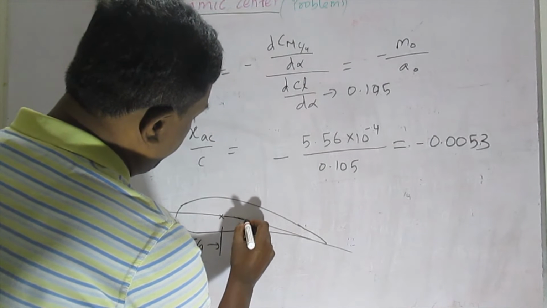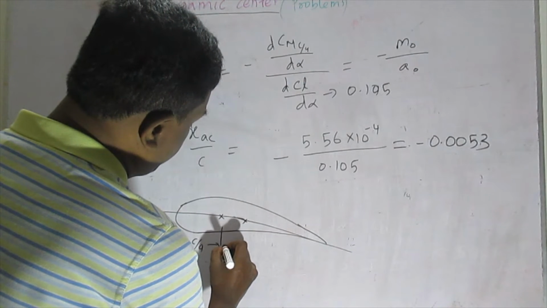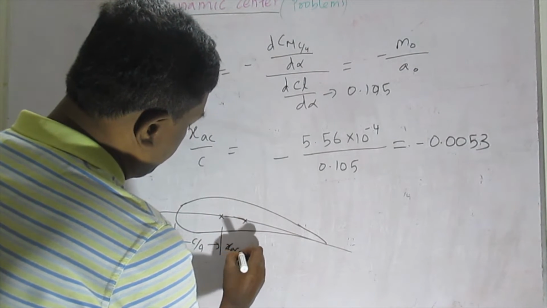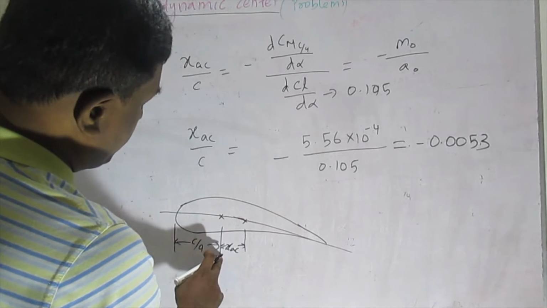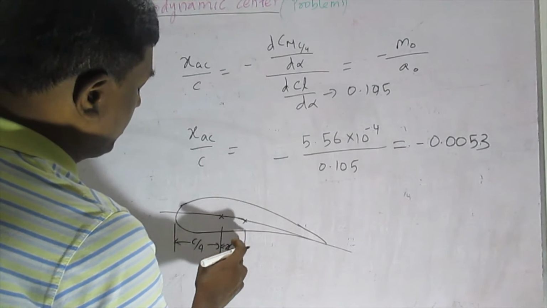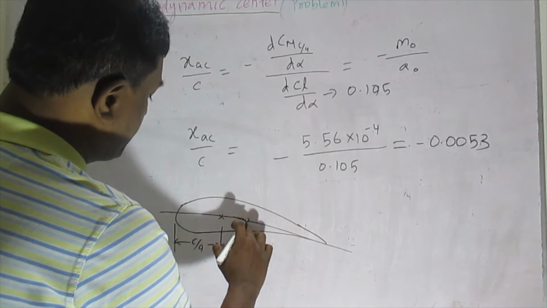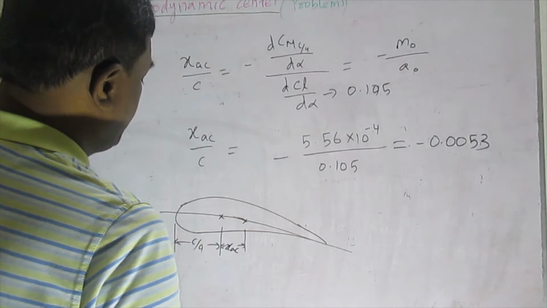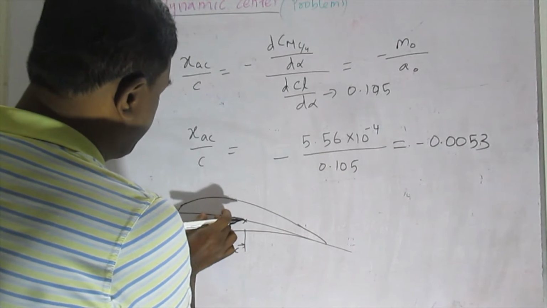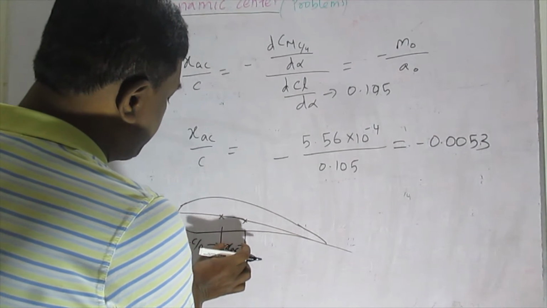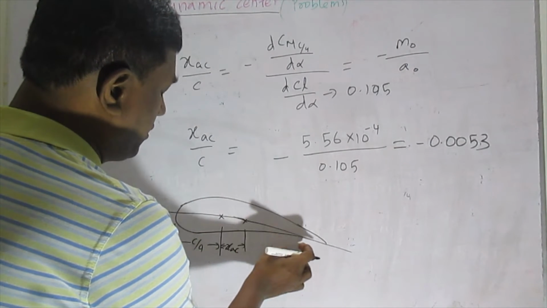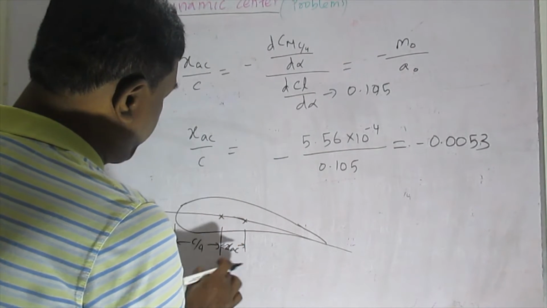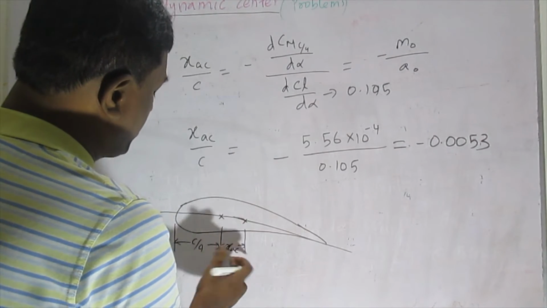Then our aerodynamic center was here. So this is nothing but XAC. So now this value becomes negative. It means this value is ahead of this, because if this value is behind the quarter chord point, that value we have taken as positive.